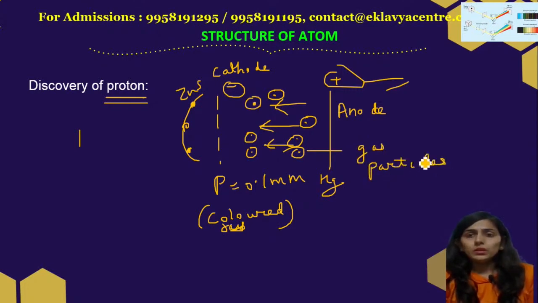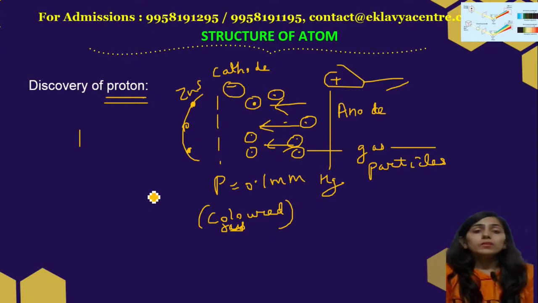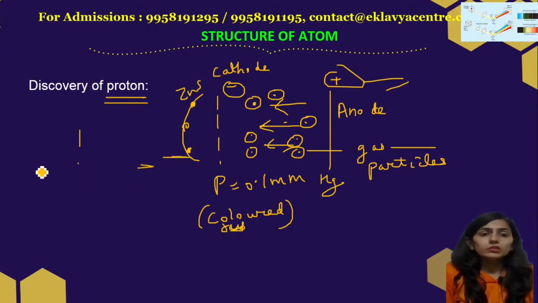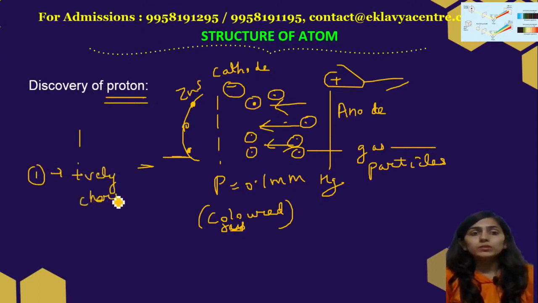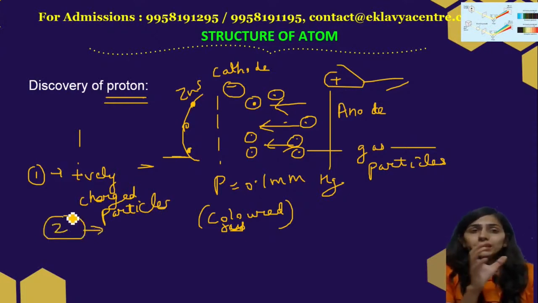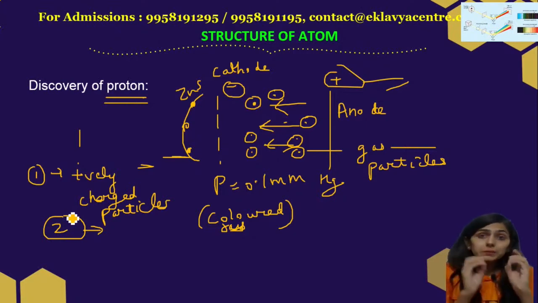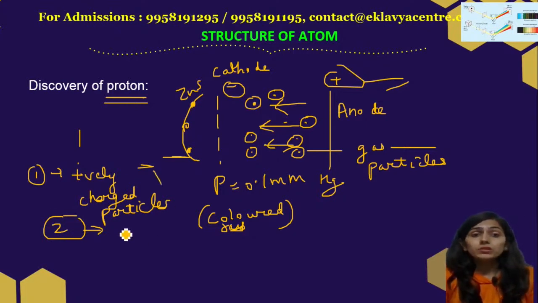Now what happened was, see, anode rays. There are four properties of anode rays. The first is they are made up of positively charged particles, like in cathode rays they were negatively charged. And the origin: in the discovery of electron, the cathode rays were themselves electrons, but here the origin is actually gaseous ions.